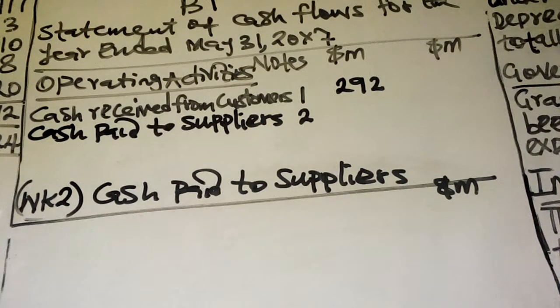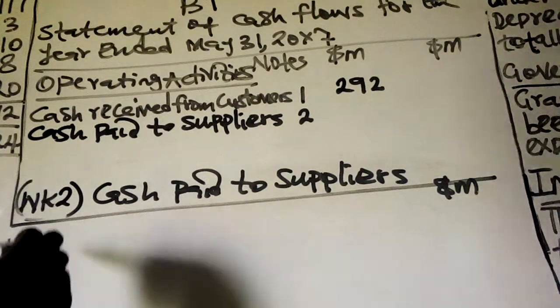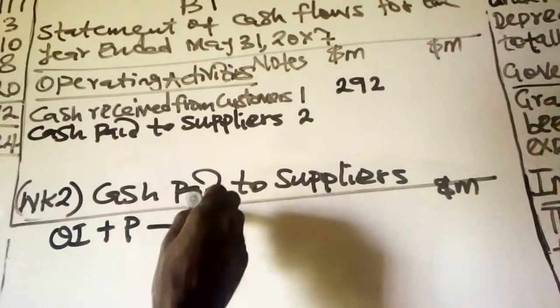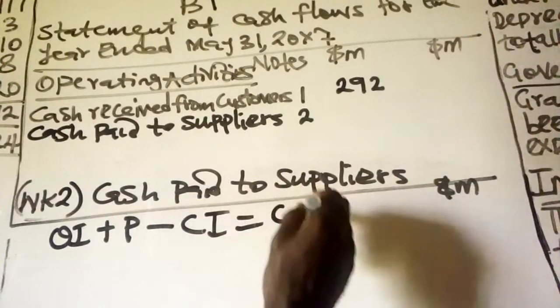But since you'll be given the published financial statement, the credit purchases will not be given, and you will only see the cost of sales. Your purchases is part of cost of sales. Remember to calculate your cost of sales: opening inventory plus purchases minus closing inventory will give us cost of sales.